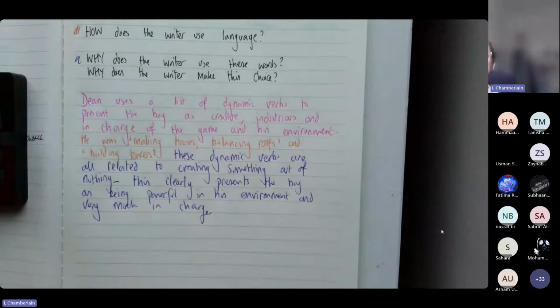So I've got Dean uses a list of dynamic verbs to present the boy as creative, industrious, and in charge of the game and his environment. He was making houses, balancing roofs, and building towers. These dynamic verbs are related to creating something out of nothing. This clearly presents the boy as being powerful in his environment and very much in charge.